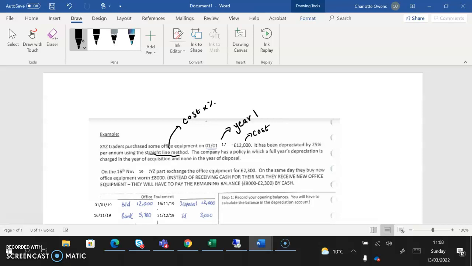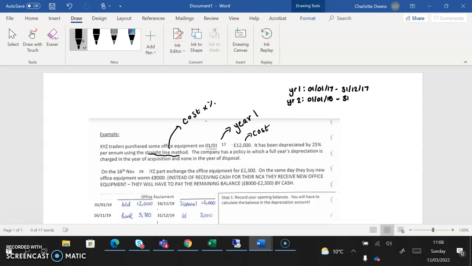On the 1st of November 2019, they part exchanged the non-current asset. Now I can do my date line, which I was talking to you about last week. Year one, when they bought it, was the 1st of the 1st 17, so the year end is the 31st of the 12th 17. I keep going until I get to the date of disposal.